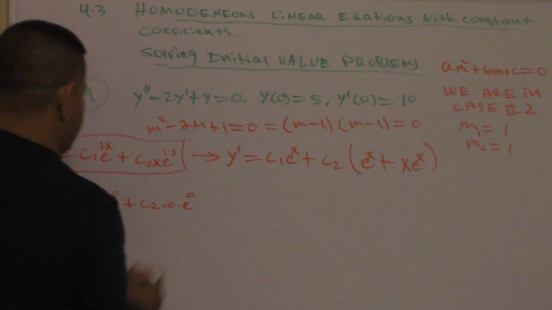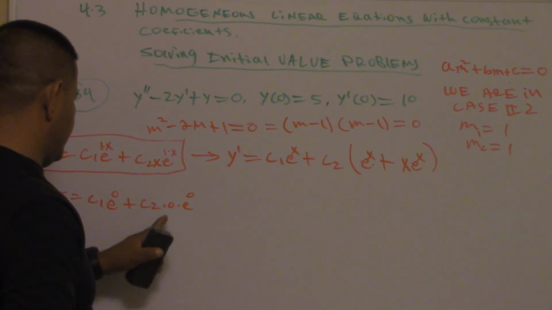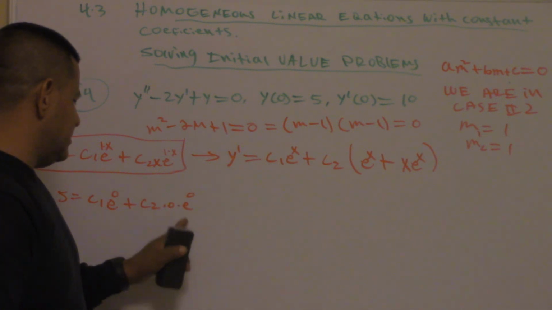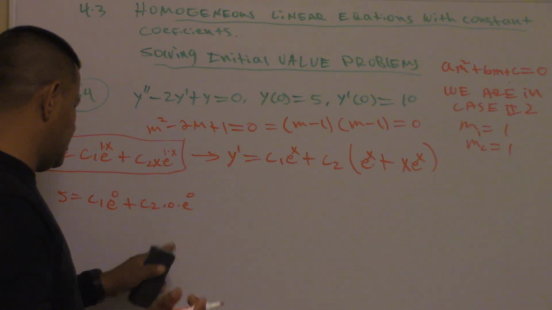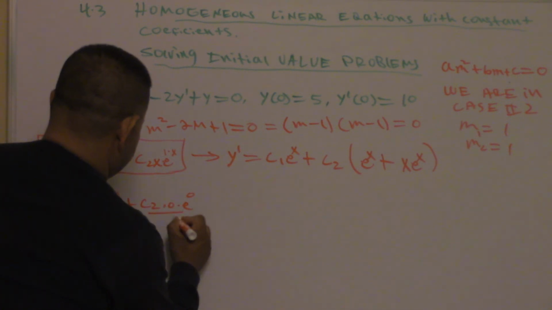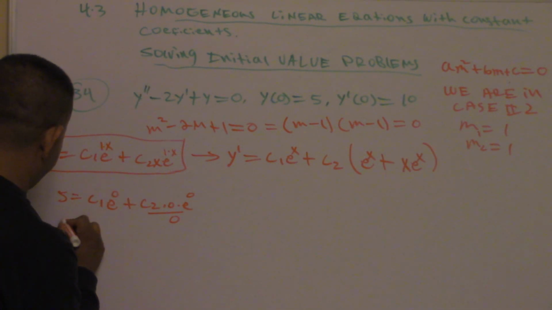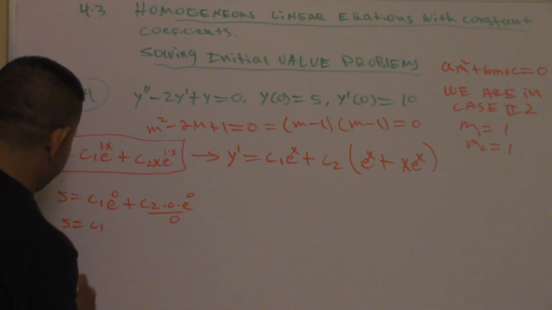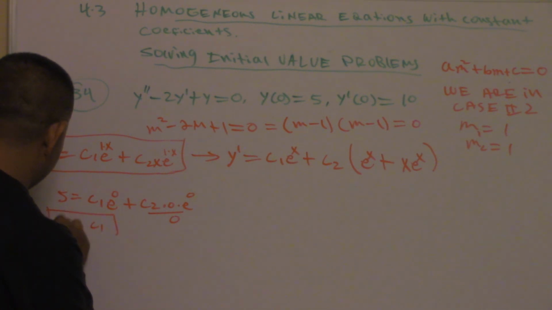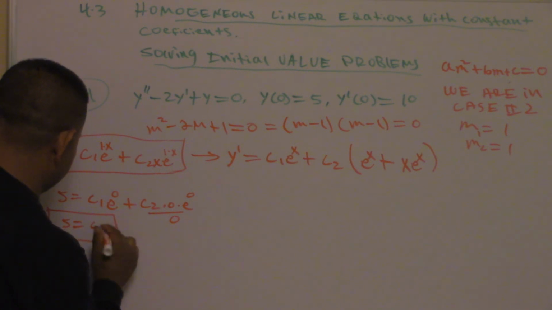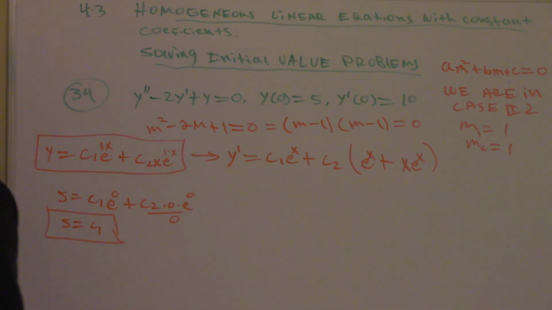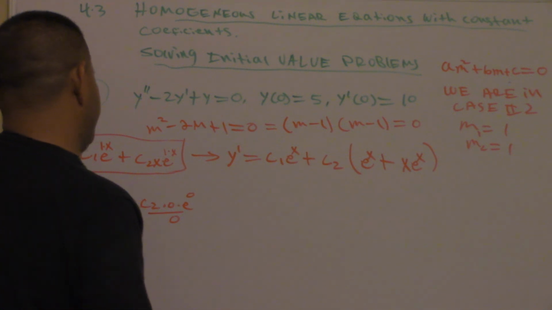So now notice e to the 0 is 1, times 0 is 0. So this is 0. And this is nothing but 5 is equal to C1. So I know that C1 is equal to 5.